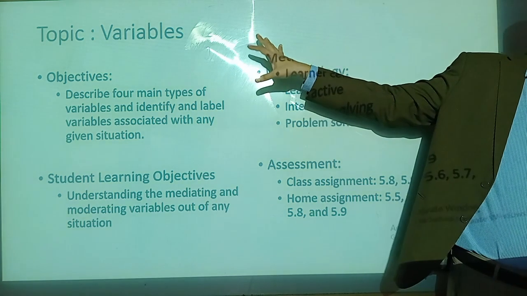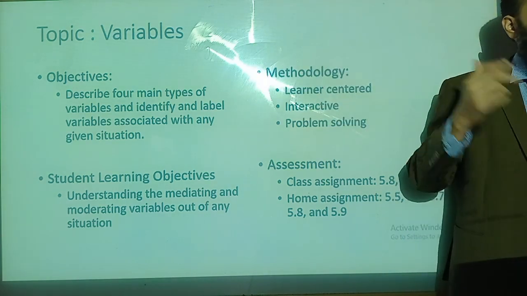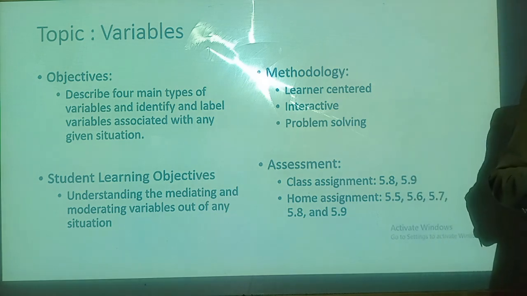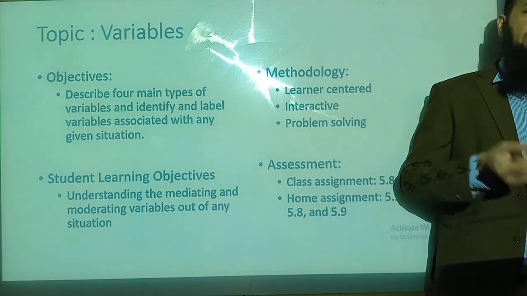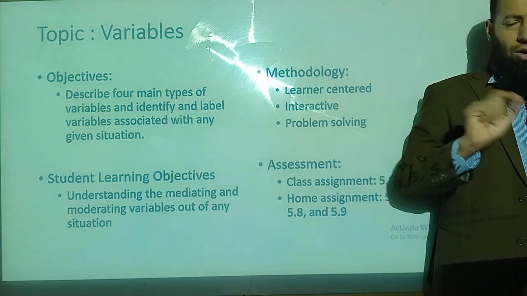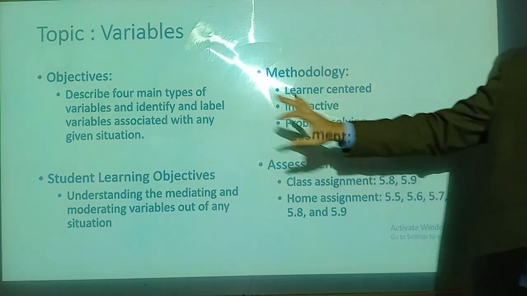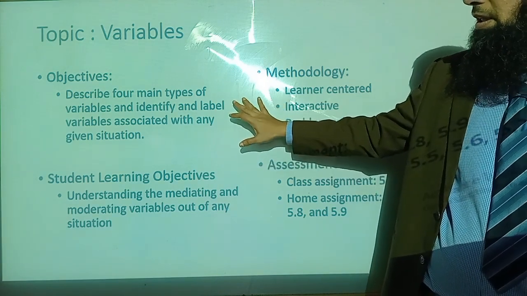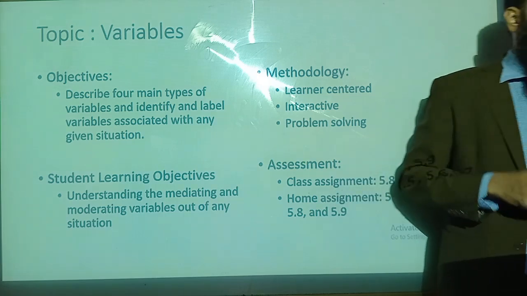Now, when we talk about the variables, we categorize them in 4 parts. First is the dependent, the second is the independent, third is the moderating, and the fourth is mediating. So write it down. I think you have already written, I guess. So these are the main types of variables. Dependent, independent.